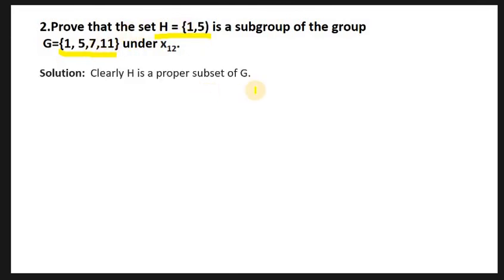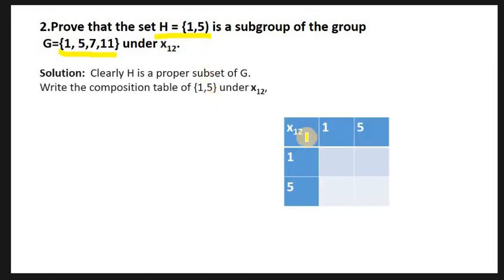Hence, let us write the composition table of these elements, that is H is equal to 1 comma 5. So the composition table with respect to multiplication mod 12, I have written the elements of the set H in rows and columns, that is 1, 5, 1, 5. Now let me write the second row and the second column elements. See, 1 into 1 is equal to 1, 1 into 5 is 5, and similarly 5 into 1 is 5.